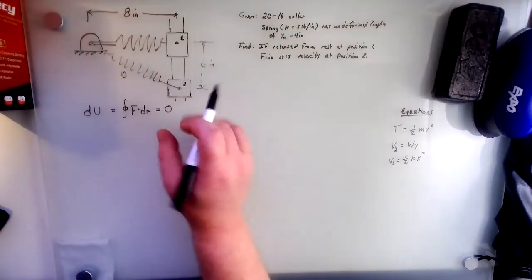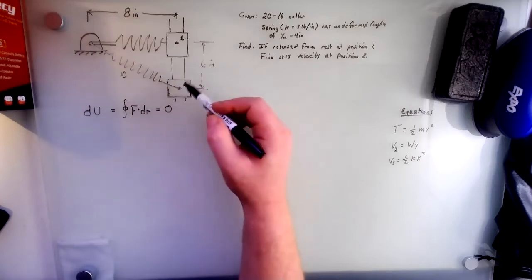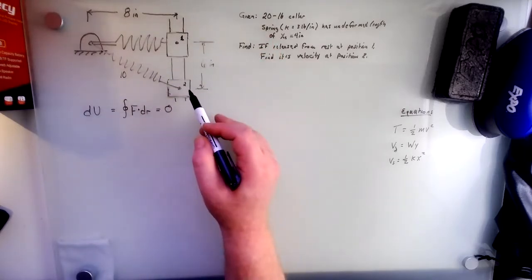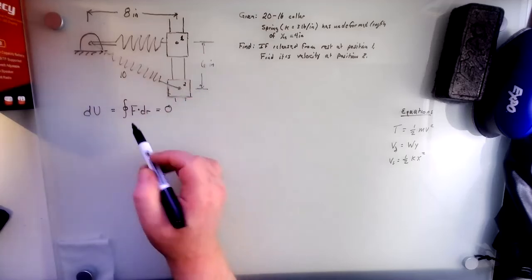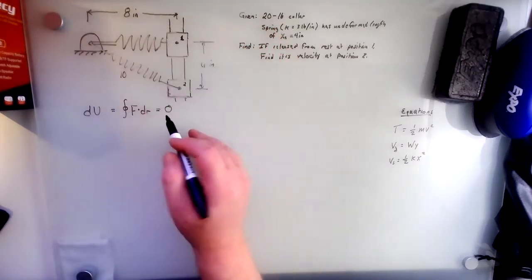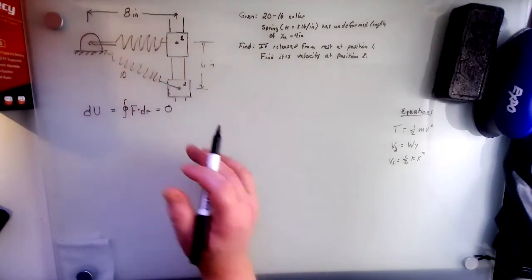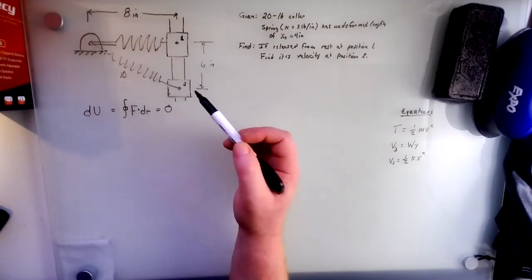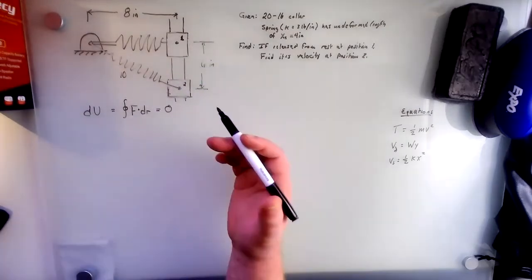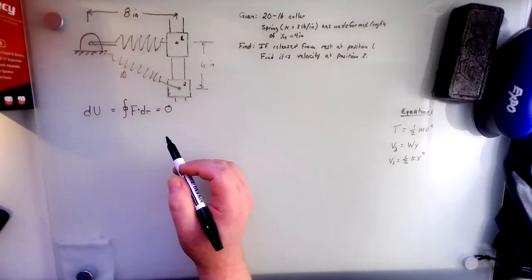More importantly, if we pull this down, then we have some energy in the system, and when it goes and comes back, it'll have the same amount of energy as it did when we pulled it down. So along the path, the change in energy is going to be zero, and we call this a potential energy. And a potential energy is an energy that is dependent on position, right? So you can think of that in terms of a spring. You can also think of it in terms of gravity, right?